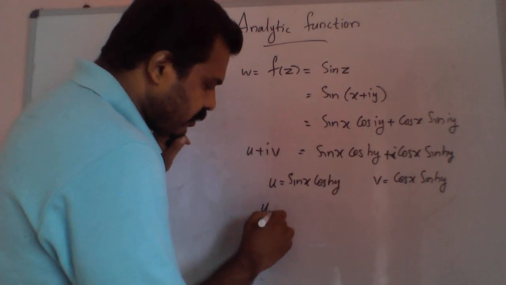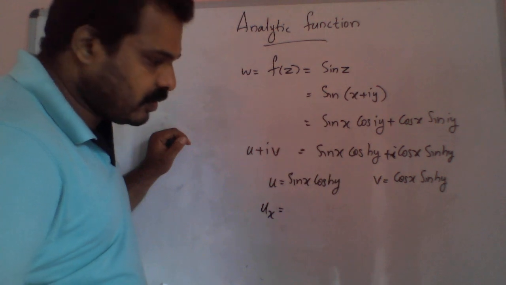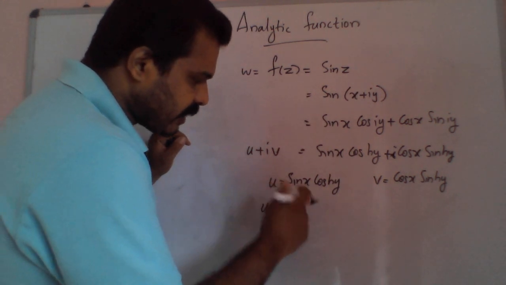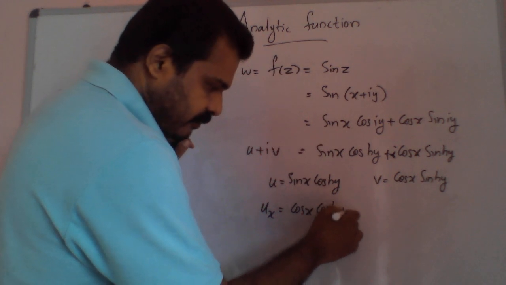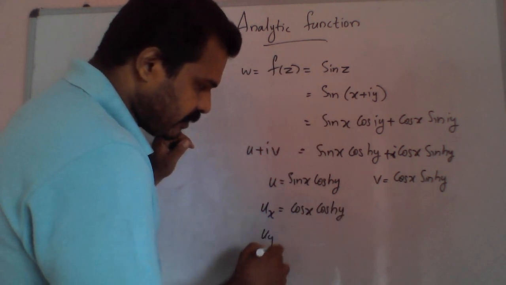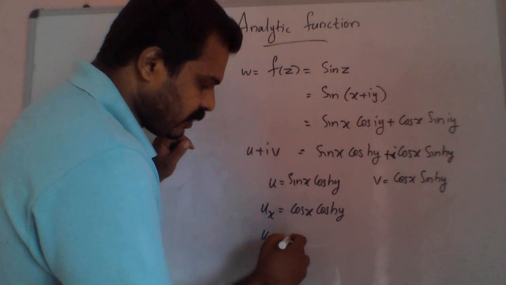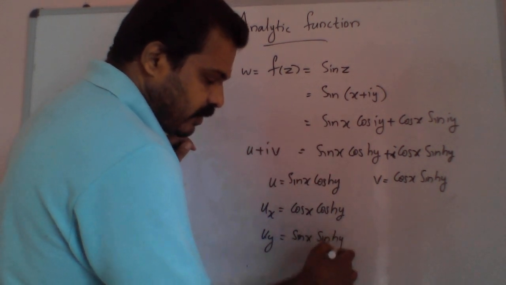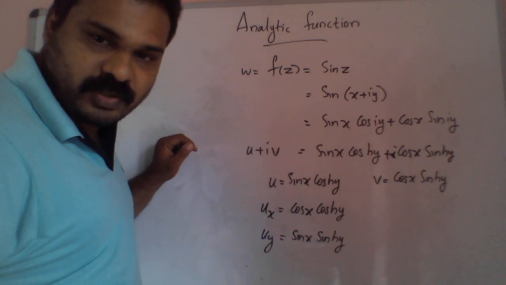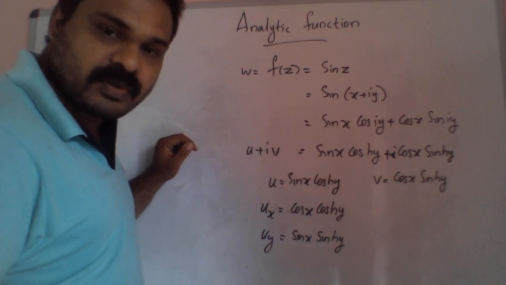So ux is, differentiating with respect to x, the derivative of sin x is cos x, so cos x cosh y. And uy: sin x, then the derivative of cosh y is sinh y. The derivative of cosh y is sinh y, and the derivative of sinh y is cosh y.